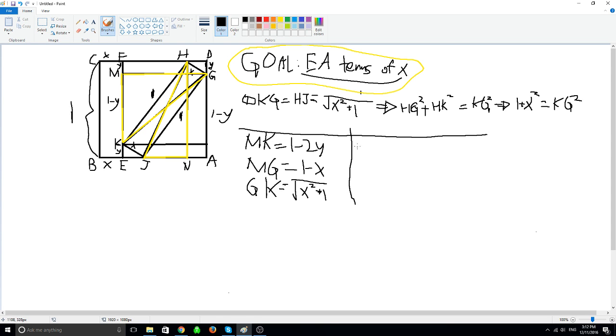So now we have HN equal to 1. We have JN equal to, this is kind of a question mark so far, but finding JN will greatly help us find this length.